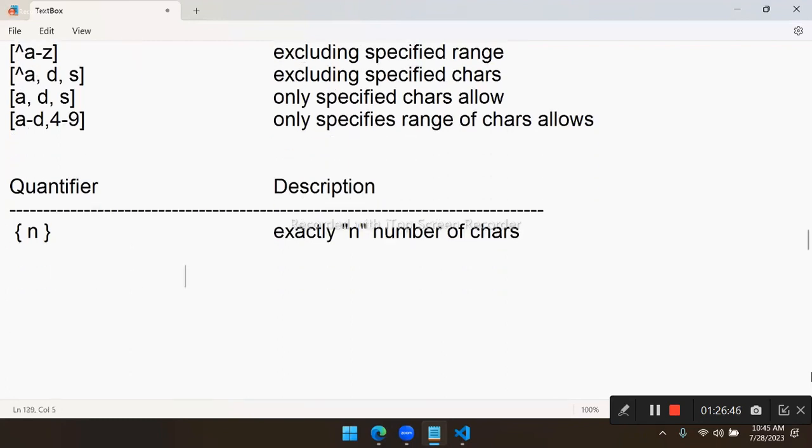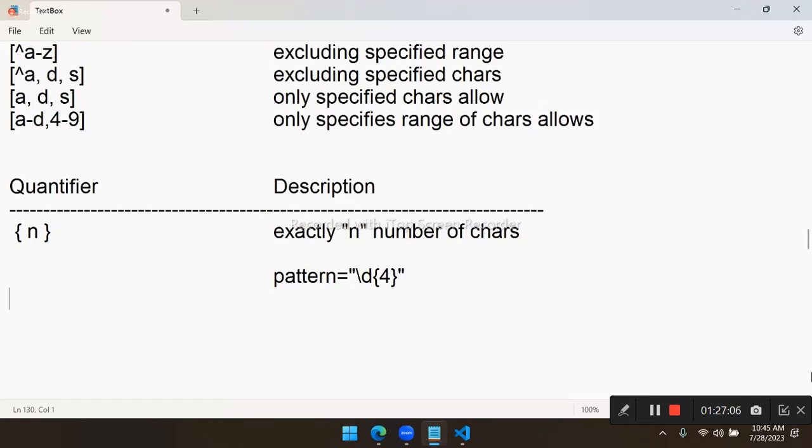That means now I write a pattern like this. Pattern is equal to \d and in curly brace 4. What does this mean? What does \d mean?